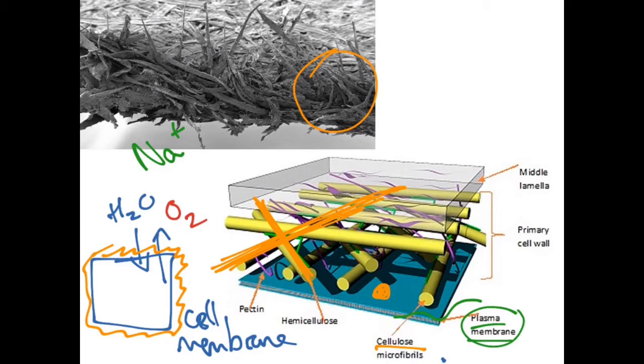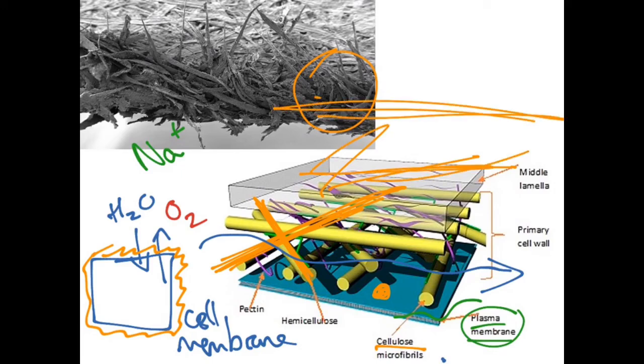Trees have cell walls. The reason why I think it's really, really useful to think about this is because the cell wall has gaps in it. So between these fibres, there's gaps, and that allows some things to move through the cell wall without going into the cell itself. So if you've got two plant cells, we would have this here, then another cell membrane above it.